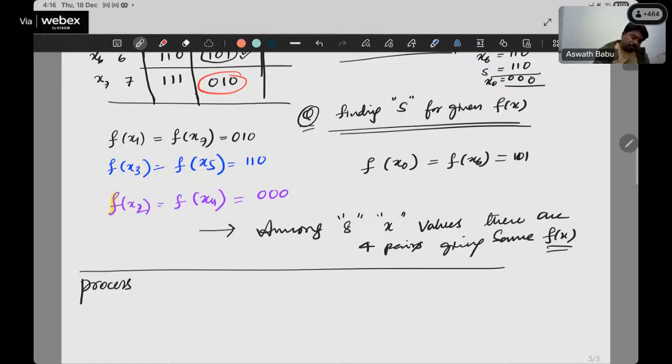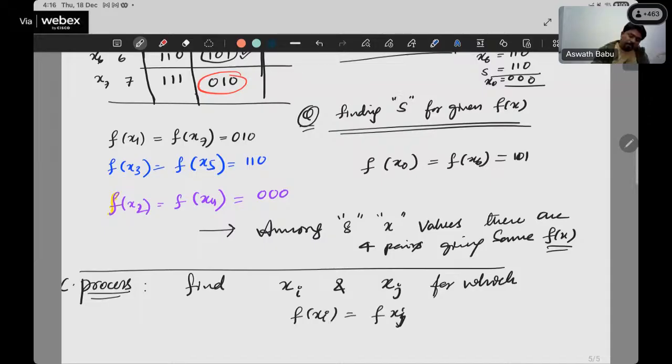What is the process? It could be a classical process: find the xi and xj for which f of xi is equal to f of xj. Very simple. Add xi to xj to get s.